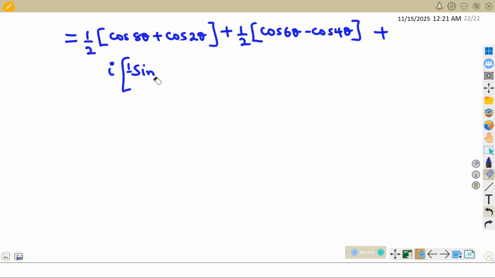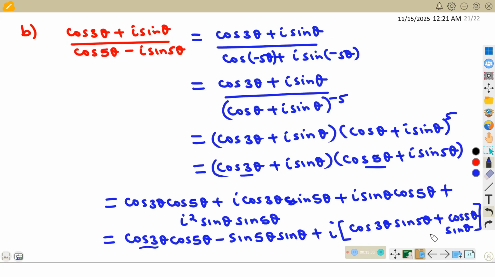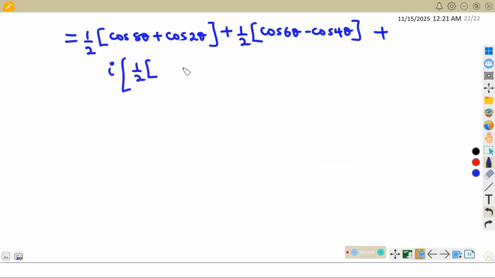So let's put a half first here to have this as a half into, so this will be, sine is bigger than cos, so it comes from sine plus sine. So that is sine 8 theta, that is 5 theta plus 3 theta, sine 8 theta plus a sine of 5 theta minus 3 theta, that will be 2 theta.